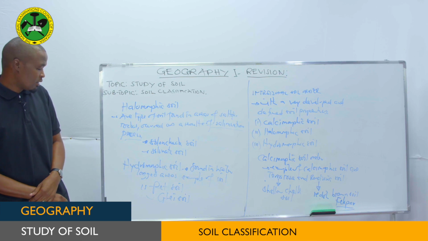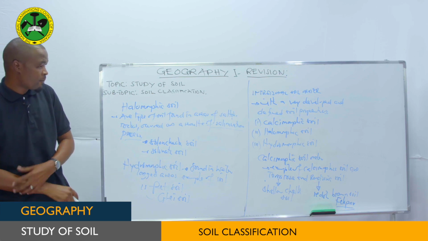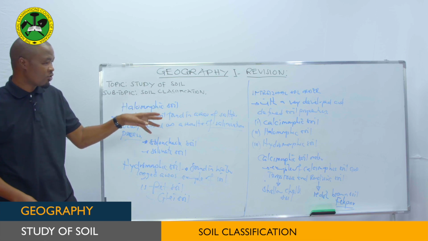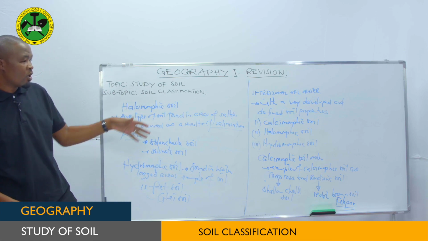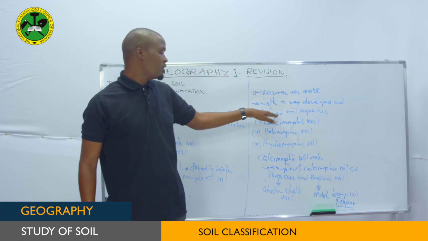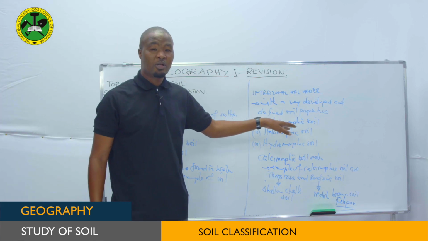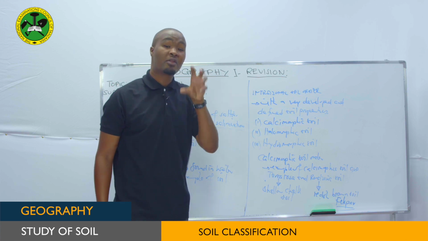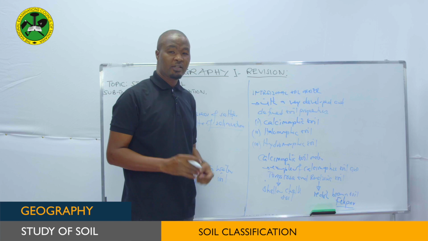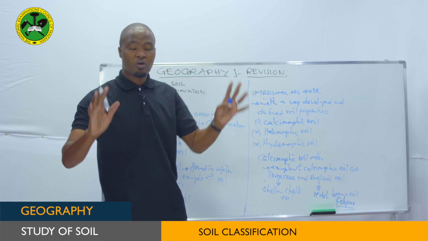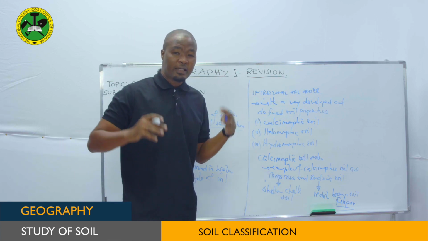Then the last one is the azonal soil order. It refers to the type of soil with a poorly developed and not well defined soil profile. It is a type of soil which has undergone a very short time in its formation.